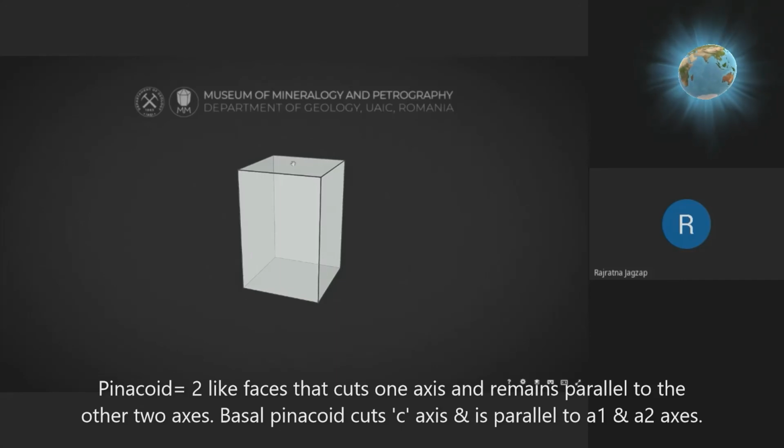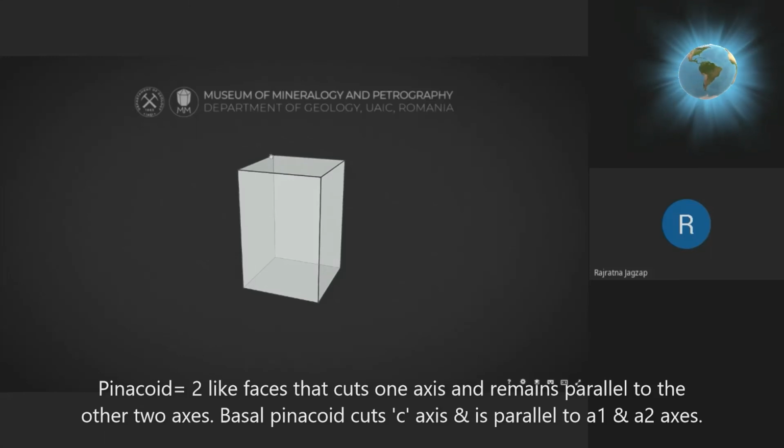Where are the rest of the two axes? The rest are horizontal axes, going from the center of this face like this to the center of the opposite face. The second axis is from the center of this face to the center of the back side left hand side face, the A2 axis.